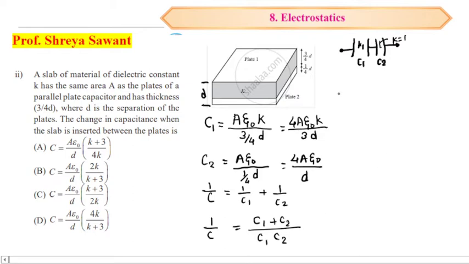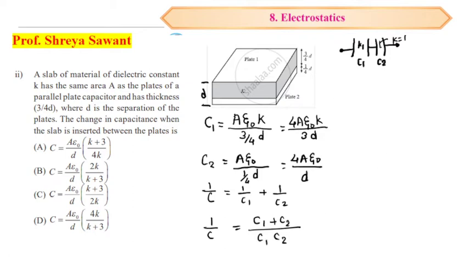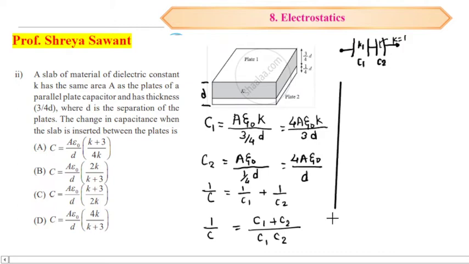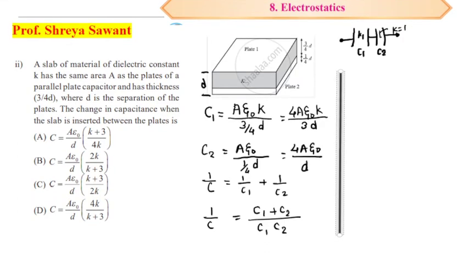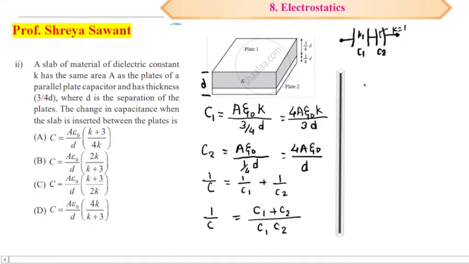Now we take the reciprocal, so we get C is equal to C1 into C2 divided by C1 plus C2.